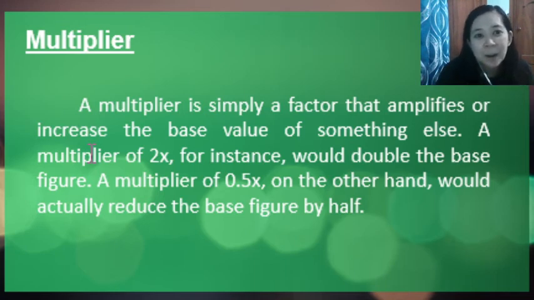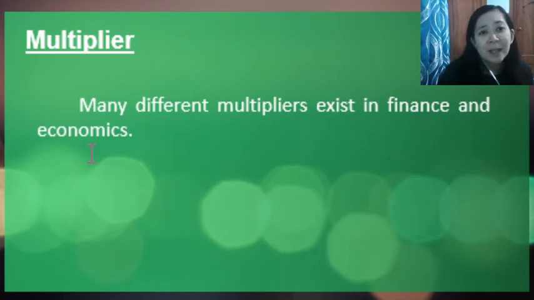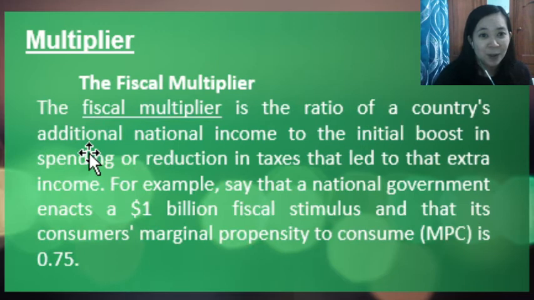A multiplier of 0.5 times, on the other hand, would actually reduce the base figure by half, because this multiplier doesn't actually increase, as it's not even more than 1. There are many different multipliers that exist in finance and economics, as mentioned earlier.